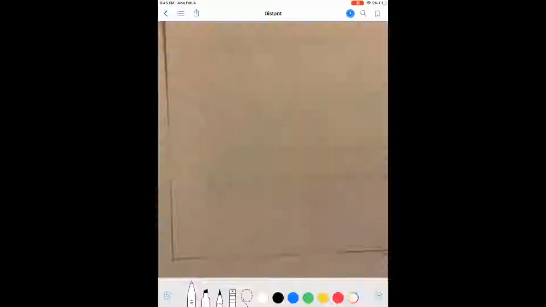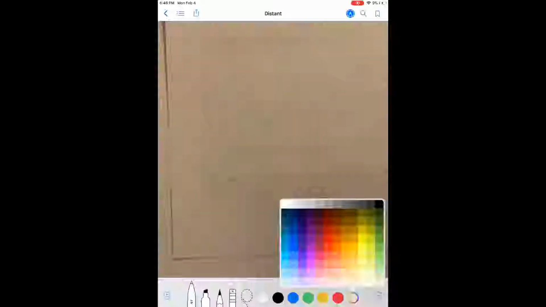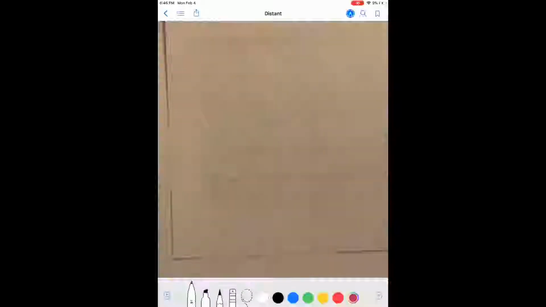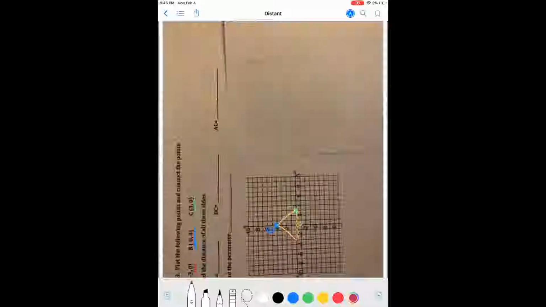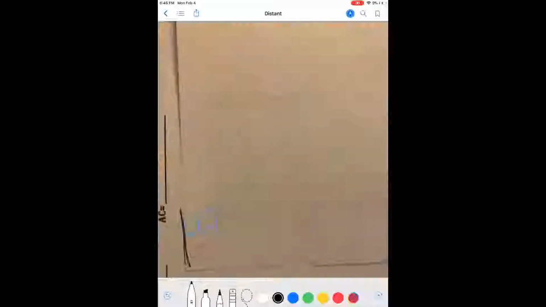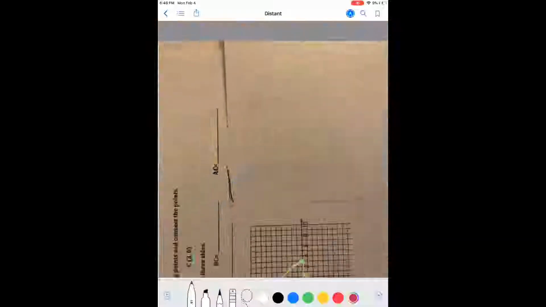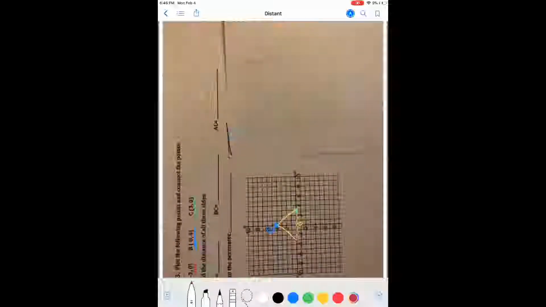So I'm going to come over here and get my color out. And my A was, I've got A to B. And I'm going to put this little line over it showing that it's that line from A to B. So my A is -3, 0.